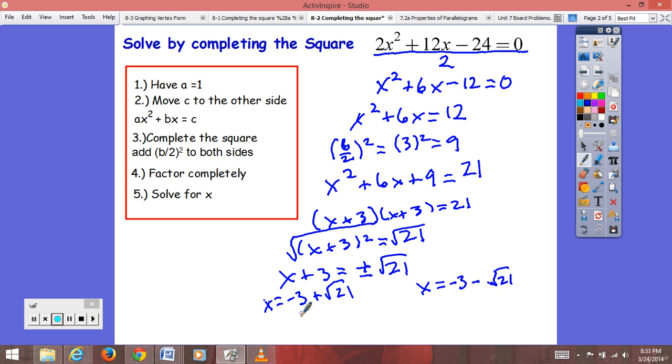Do the math. Negative 3 plus the square root of 21 comes out to be 1.58 if we round to the nearest hundredth. And then negative 3 minus the square root of 21 comes out to be approximately negative 7.58. So those are our two solutions.